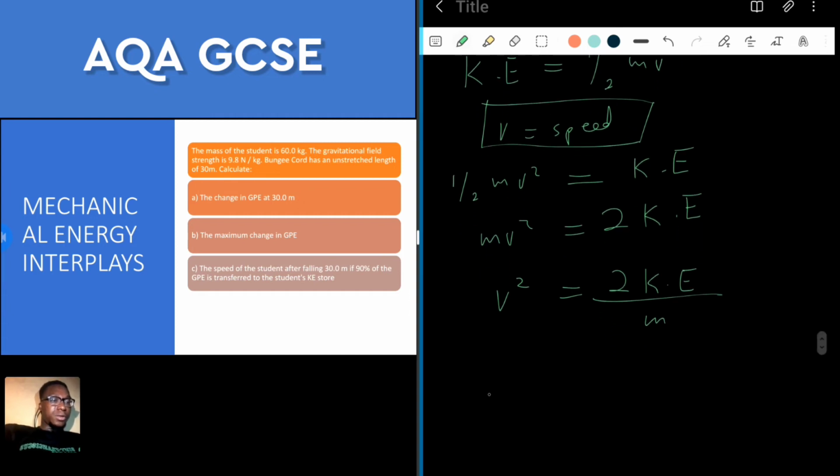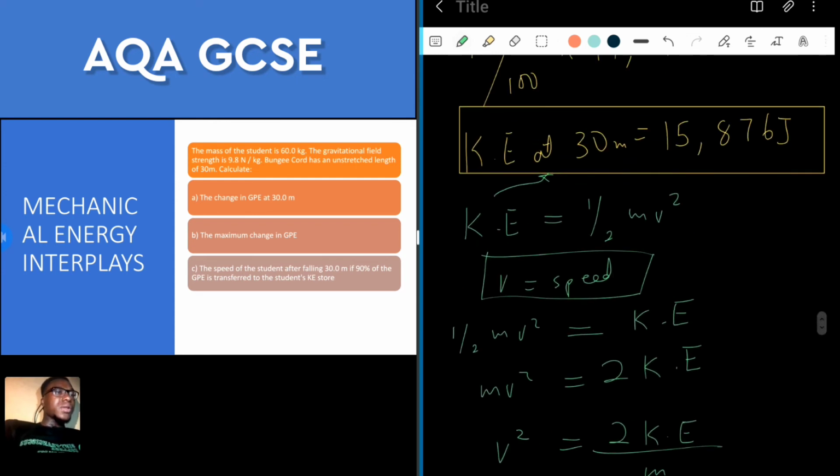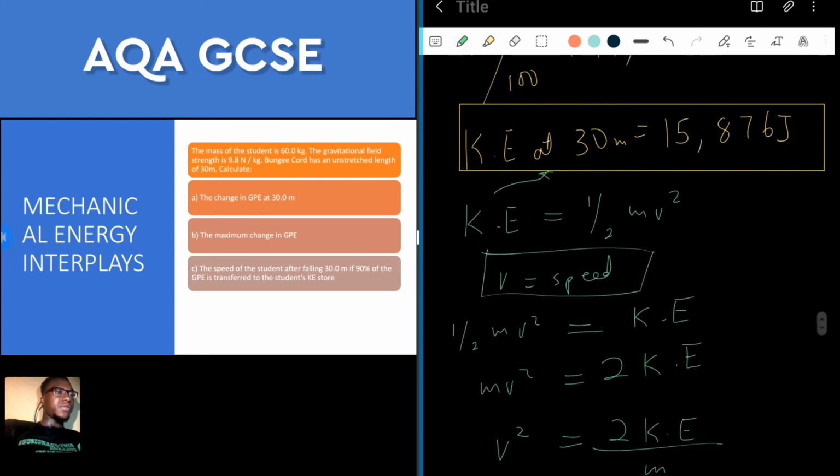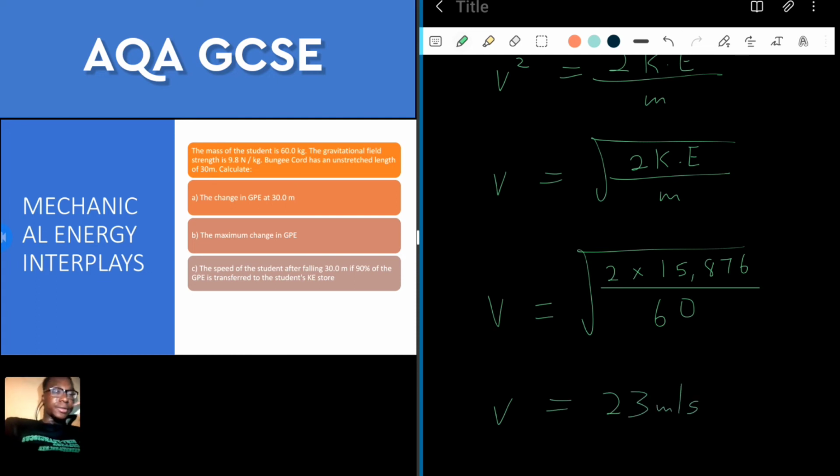Then you take the square root of both sides. Then you have the square root of 2 times kinetic energy over m. And this will be the square root of 2 times, what's the kinetic energy at 30 meters? 15,876 joules. Definitely this will give you 3 meters per second.